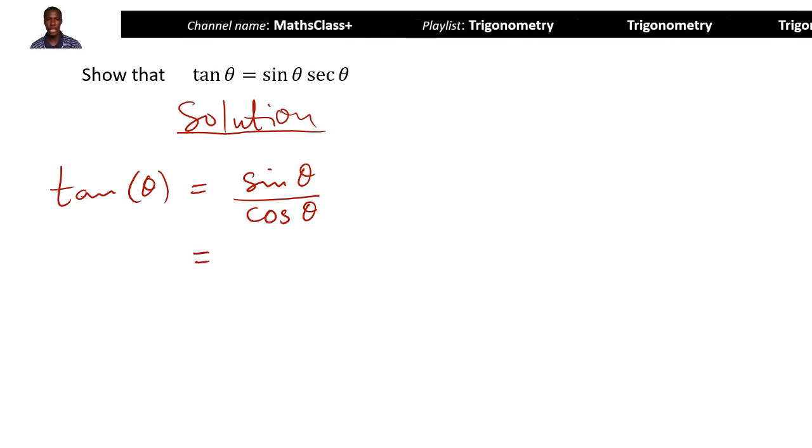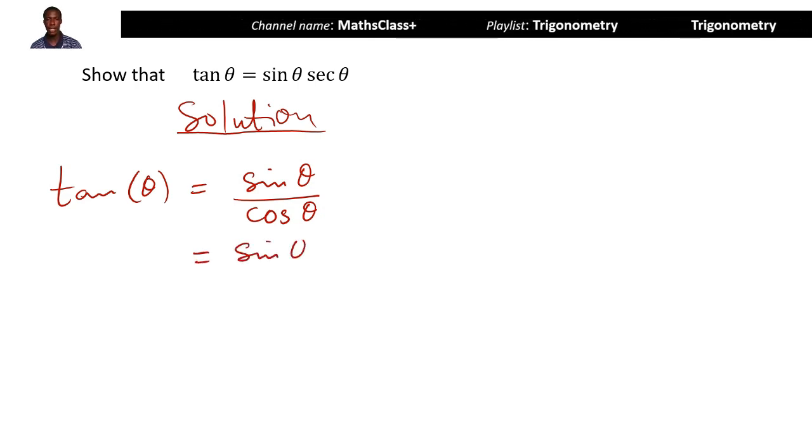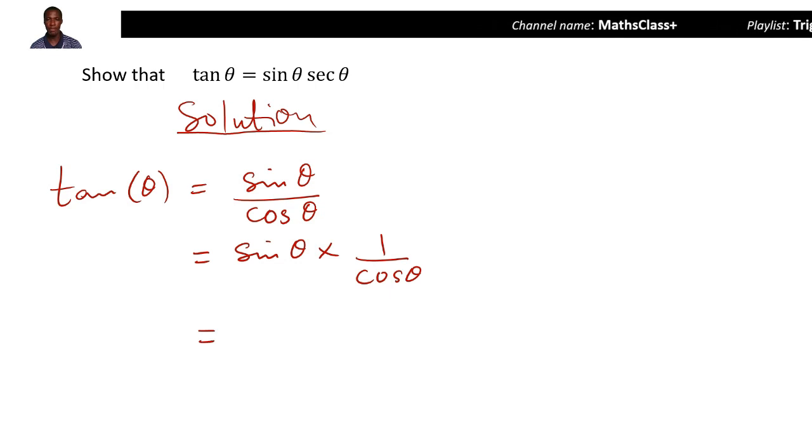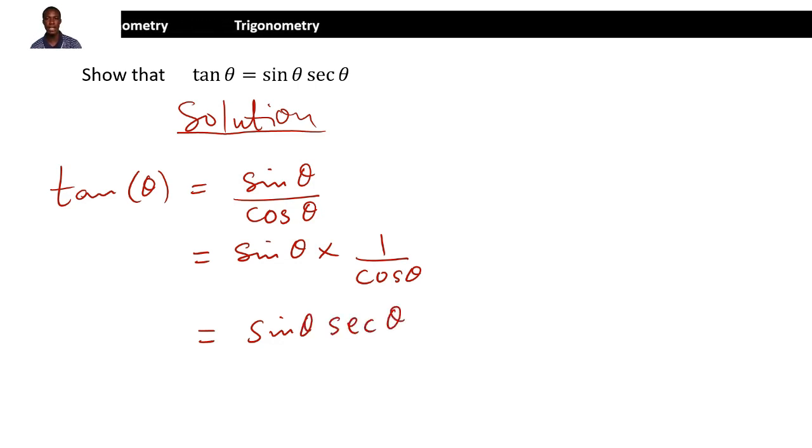And this expression can be written as sine theta times 1 over cosine theta. And the inverse of cosine theta is sec theta. So we have sine theta multiplying sec theta, and that is verified.